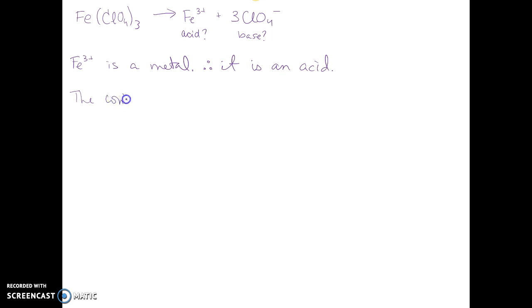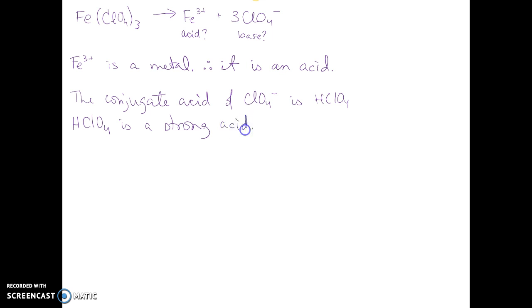The conjugate acid of ClO4- is HClO4, perchloric acid. This is a strong acid. Therefore, ClO4- is neutral.